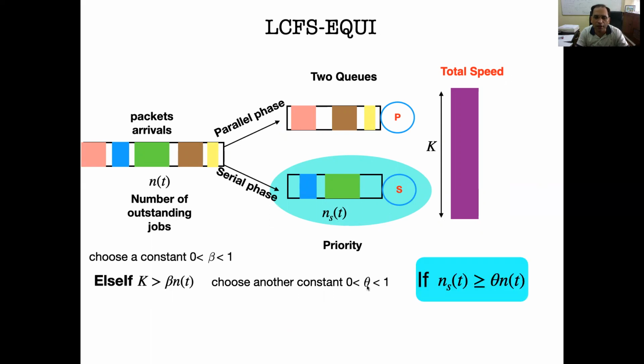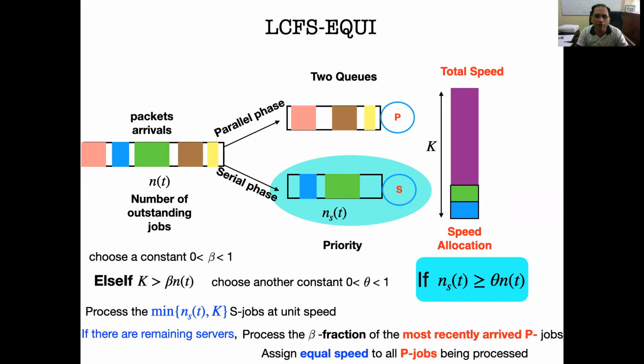Choose another constant theta and check whether the number of jobs in the serial phases are sufficiently many compared to the total number of jobs in the system. If that is so, then we first look at processing all these jobs. So pick up all possible jobs which can be executed. So that will be minimum of ns of t comma k, and all these jobs will be processed at unit speed. So in this particular example, both these jobs are going to get unit speed, which is their maximum speed.